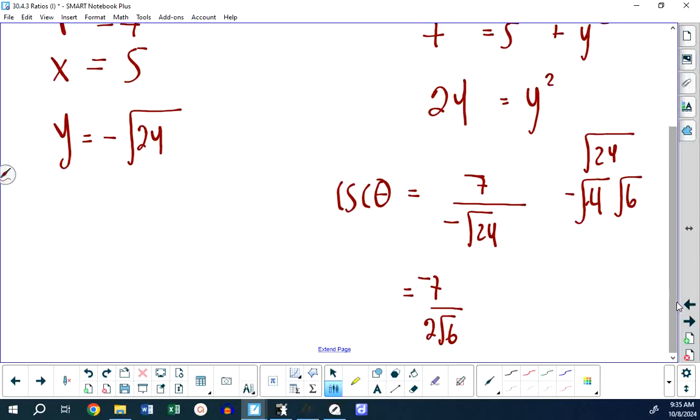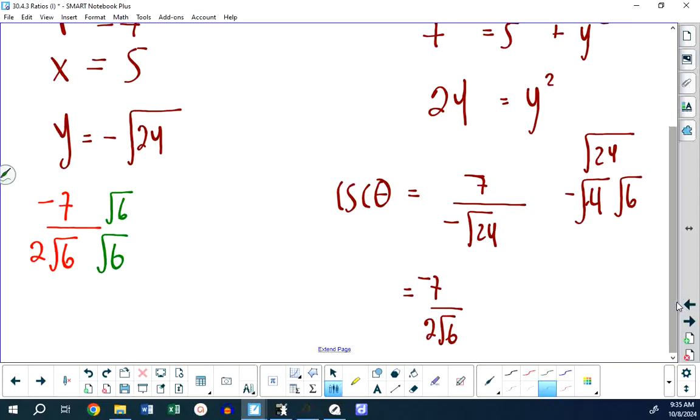If you do want to rationalize this, I'm just looking at the clock and it'll take a minute. You would multiply top and bottom by root 6. I don't really know why you would want to do this. Maybe the multiple choices have all been rationalized. Maybe.